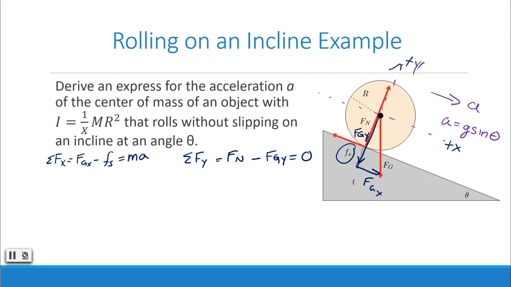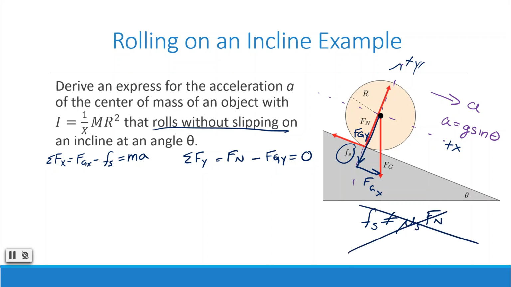There's no kinetic friction. So assuming that it's rolling without slipping, I actually don't know the mu Fn. They're not giving me a value for mu. Because I'm not at the point where I'm slipping, my static friction force does not equal mu s Fn.